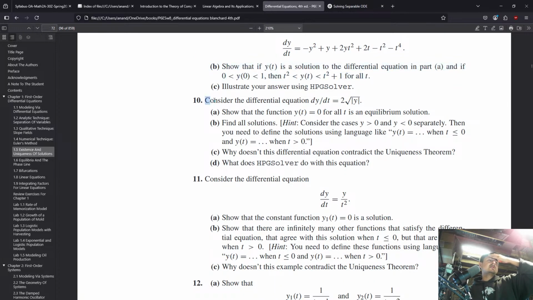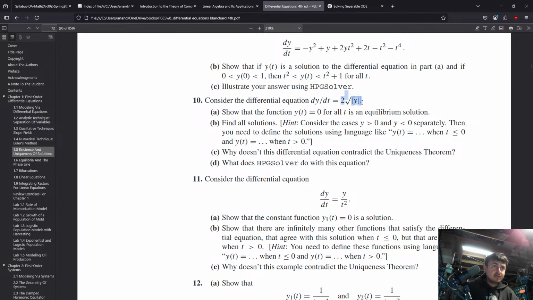All right, this one's interesting, it looks like, because we have some weird absolute value nonsense in here. Show that we have an equilibrium at 0.